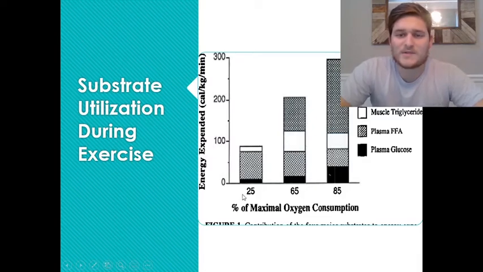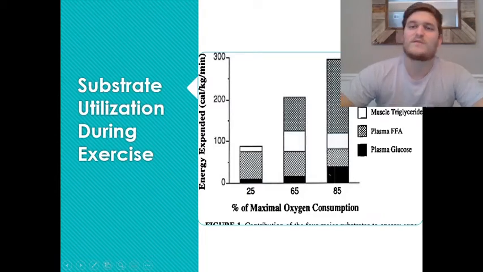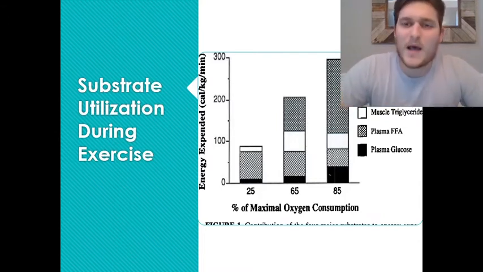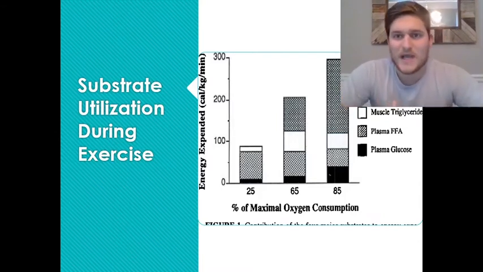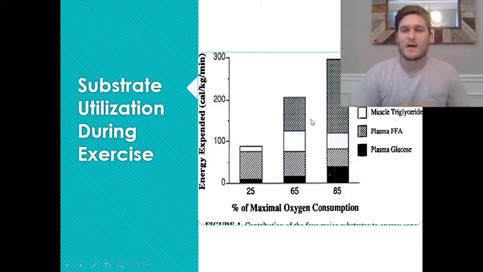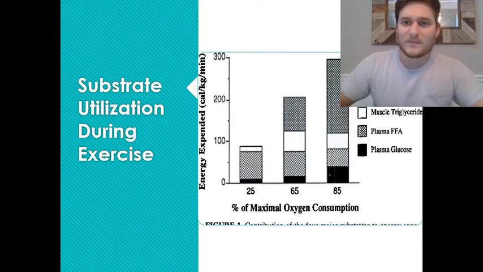Then as we increase exercise intensity, as we approach VO2 max, we shift more towards anaerobic metabolism, because we're not able to keep up with the rate of oxygen required to carry out the exercise. Once you're not getting as much oxygen but the ATP demand is going up, that's when you start to shift to more anaerobic metabolism.